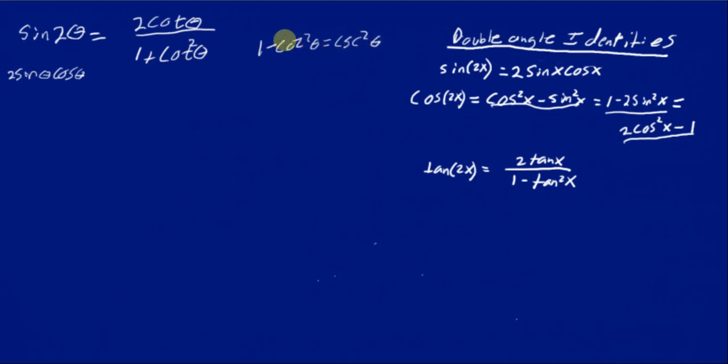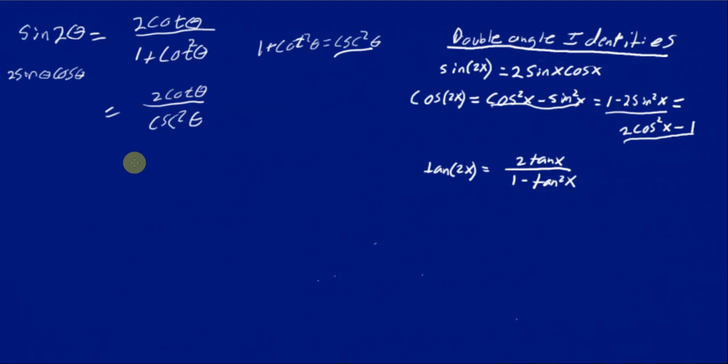So 1 plus a cotangent squared of theta is just equal to the cosecant squared of theta. So this side is 2 cotangent theta all over the cosecant squared of theta.